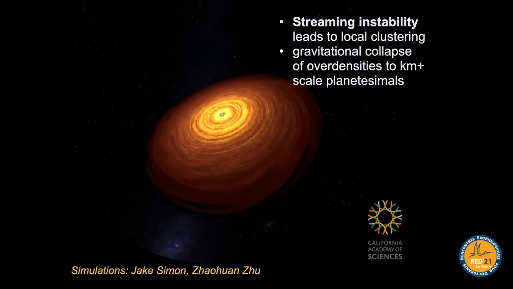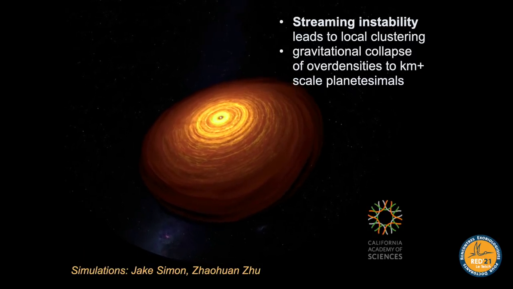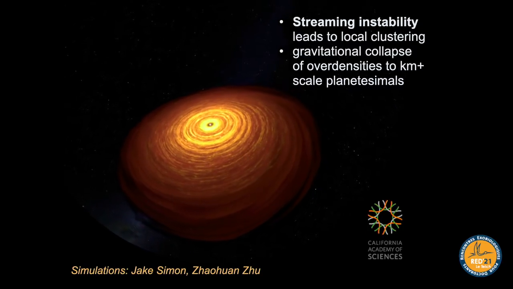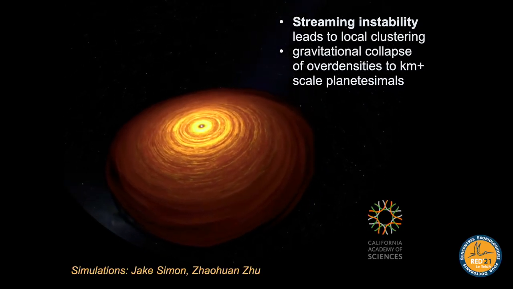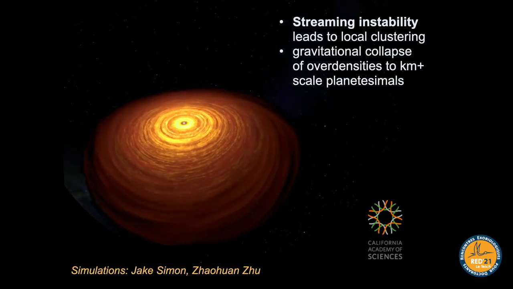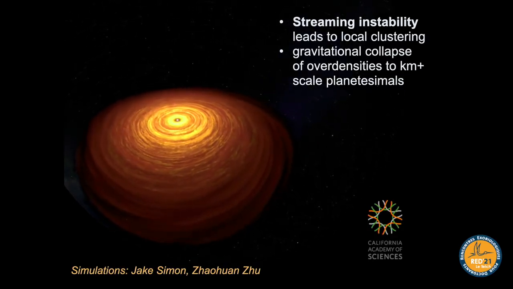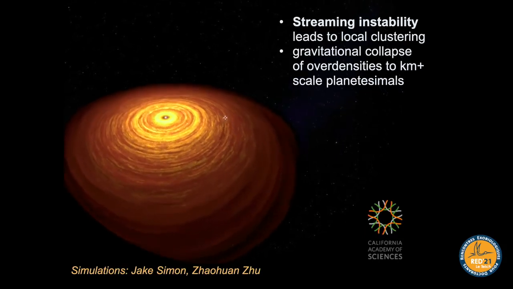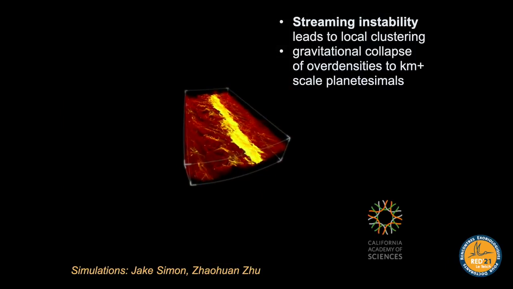Here's a really cool animation, a visualization of what the streaming instability actually looks like within a model of a planet-forming disk. This animation was drawn directly from the highest resolution simulations that are out there now.